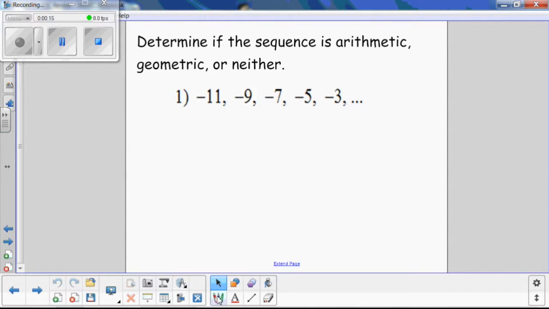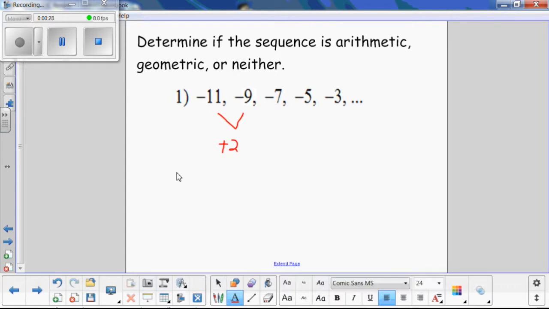or neither. This particular sequence, we are adding 2 each time, which makes this an arithmetic sequence.